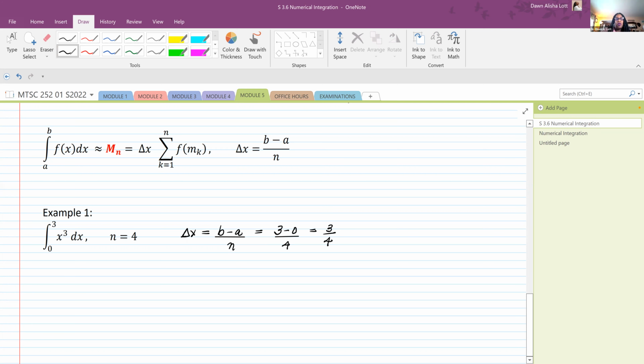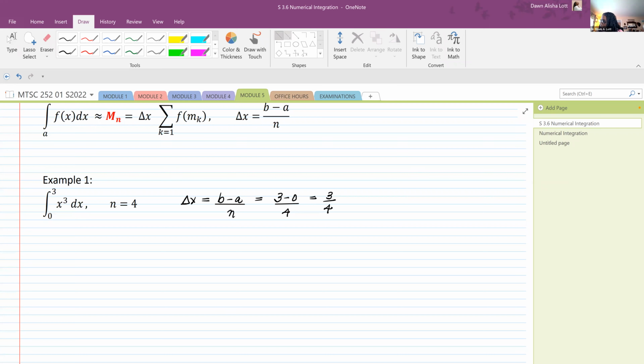So delta x is 3/4. Let me draw my interval here. So n is 4. So this is 0. This is 3/4. This is 6/4. This is 9/4. And this is 12/4, which we automatically know as 3.